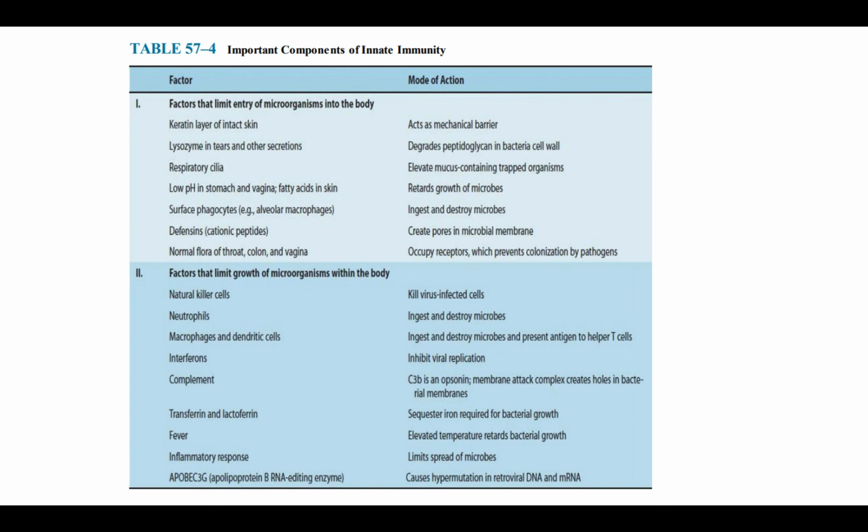So we have acute phase proteins, the iron binding and transferring molecules in your body, which are transferrin and lactoferrin. You increase these in your acute phase reaction from the liver.